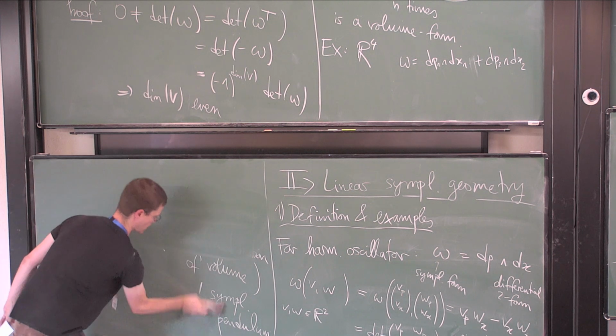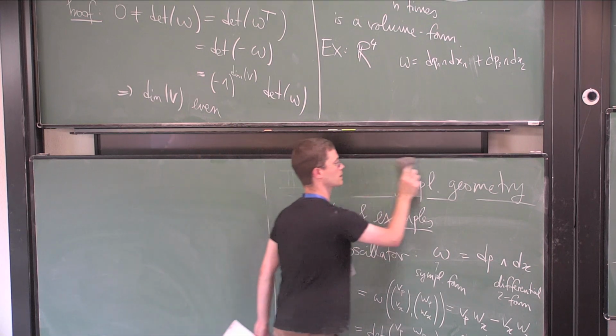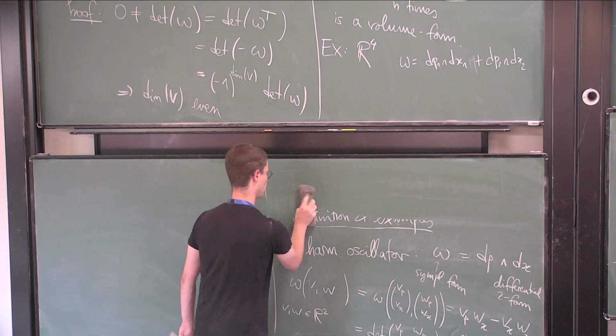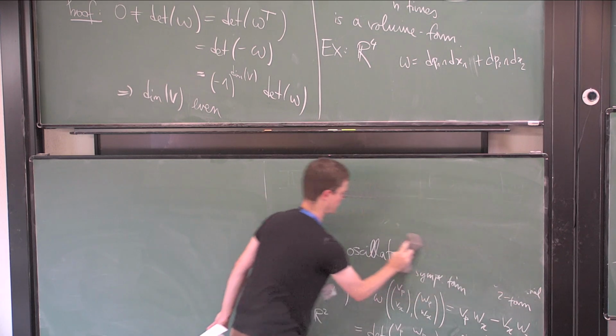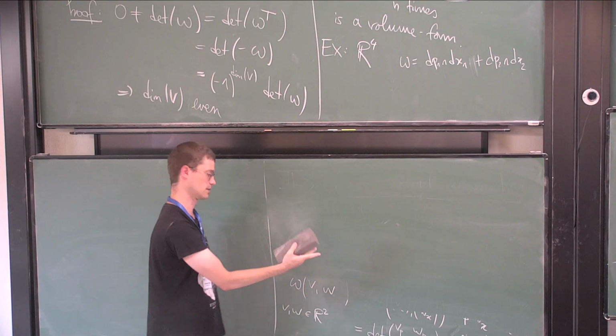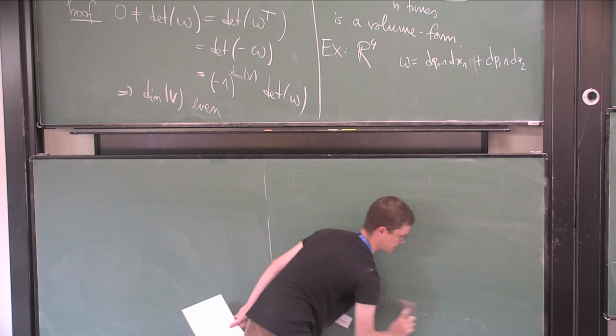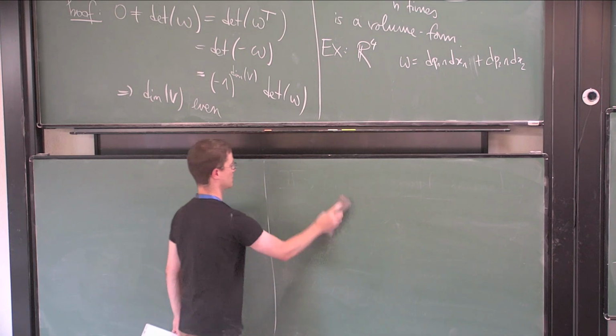The exterior product is pretty much like a usual product, so you have associativity, but the important thing is that it behaves like a fermion. Whenever you switch two elements, you get a minus sign. And by this, whenever you have the same object twice multiplied together, you get 0.